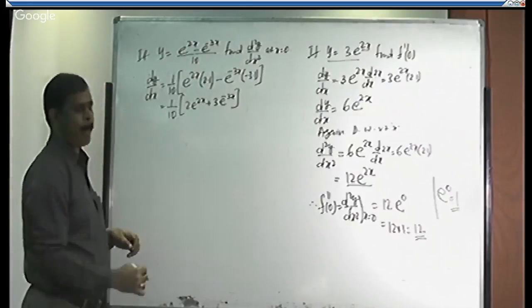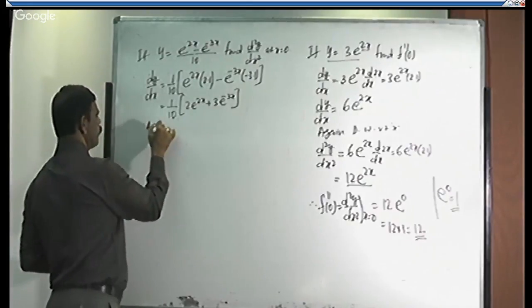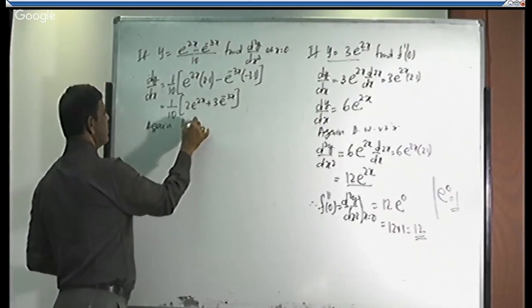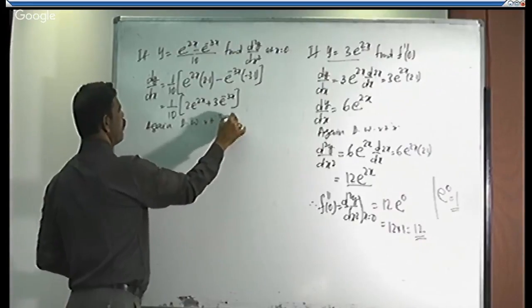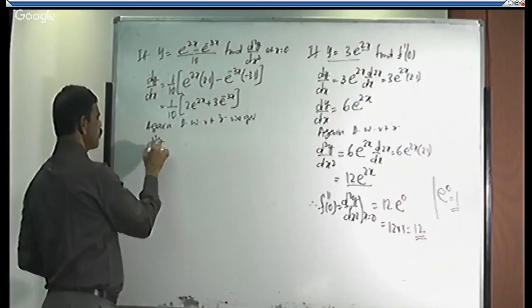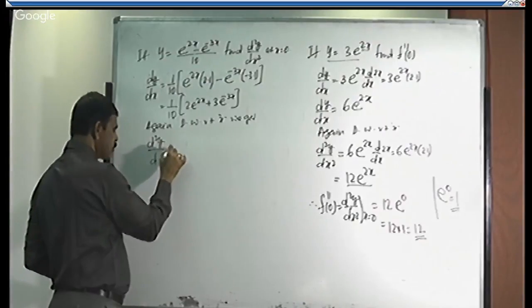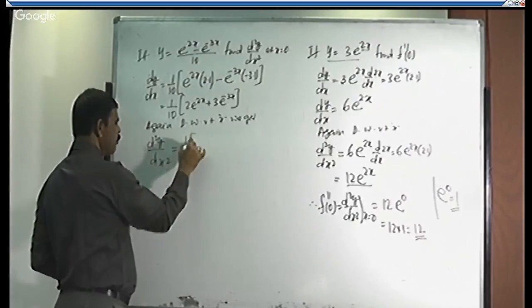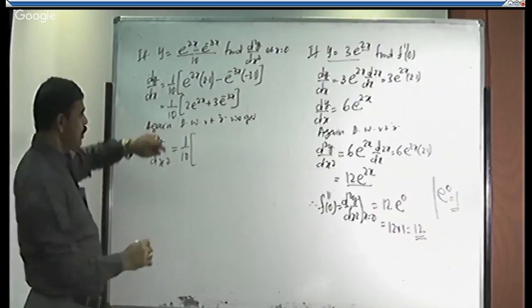Again differentiate with respect to x. We get d square y by dx square is equal to 1 by 10, taken as it is.